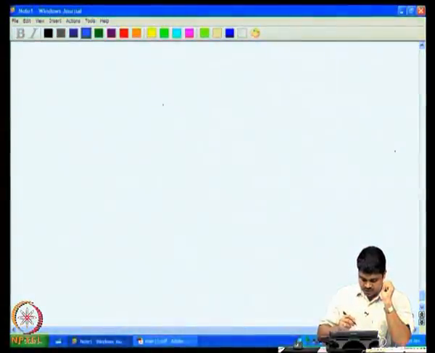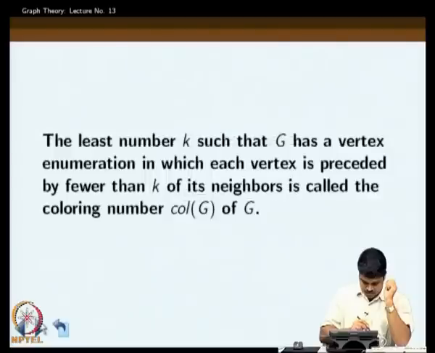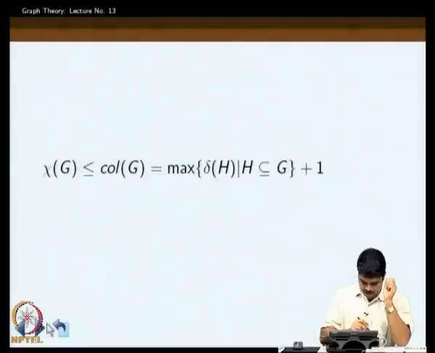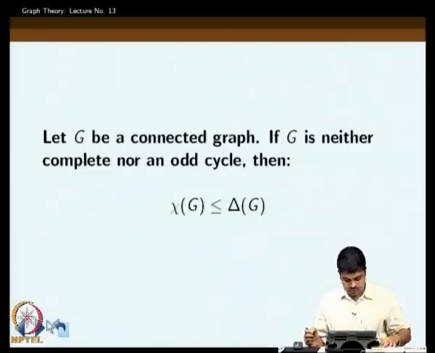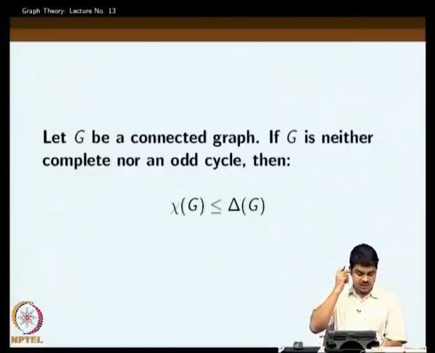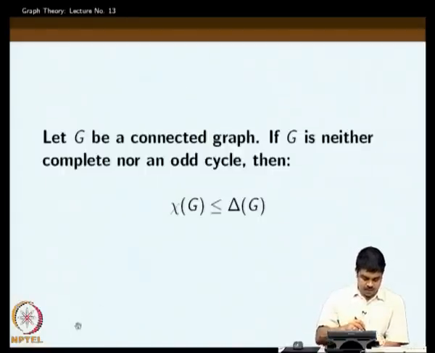Now this is the statement we are going to look at next. Let G be a connected graph, and if G is neither complete nor an odd cycle, then chi of G is less than or equal to delta of G. We will look at the proof of this. This theorem is called Brooks theorem, and we will study that, right.